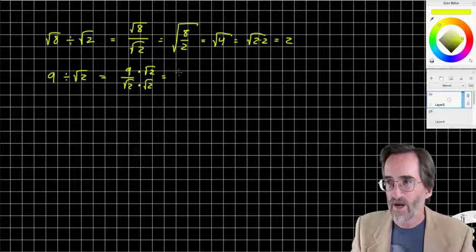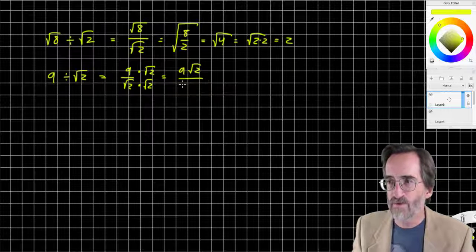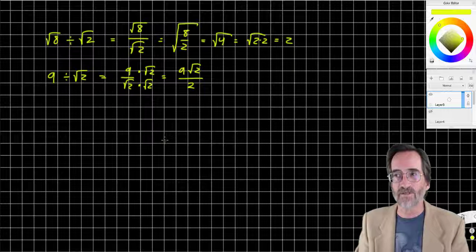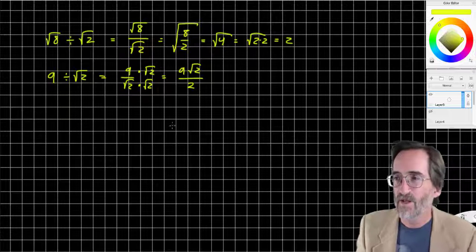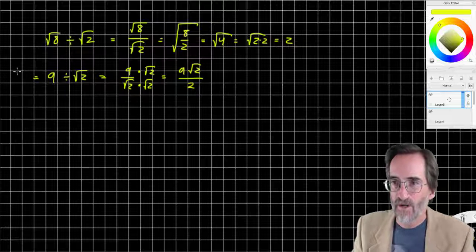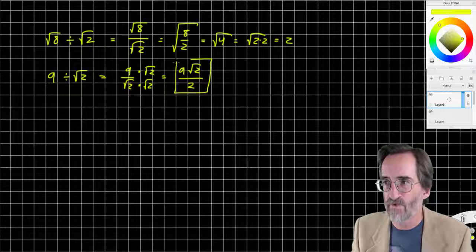Okay, 9 square root 2 on top, and root 2 times root 2 is root 4, which is just 2. A square root times itself is itself. Okay, so this is called rationalizing the denominator. So 9 divided by root 2 is the same as 9 root 2 over 2.